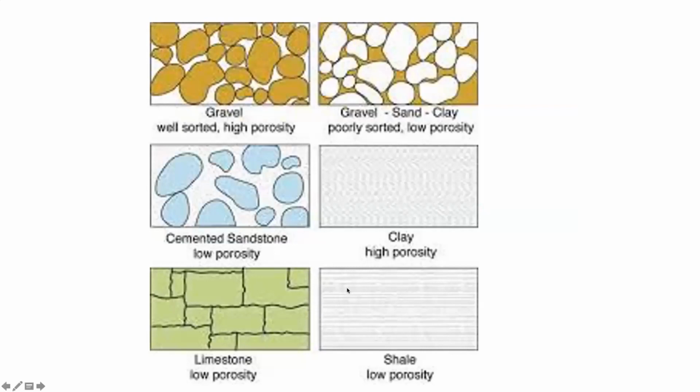Let's see. This is just basically the same things we talked about. So sorting, if you have poorly sorted stuff, you can fill porosity between big grains with small grains.